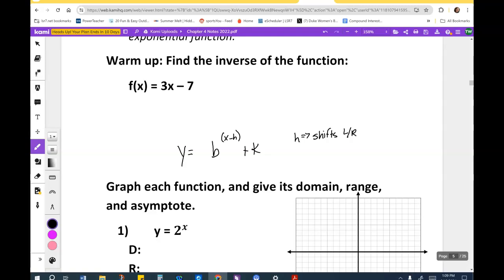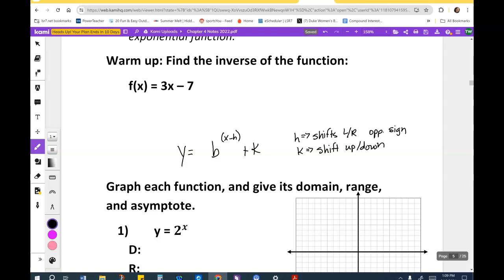And remember, x is always lying, so h is always the opposite of what it looks like. And because you're adding it, k will shift it up and down. Okay.